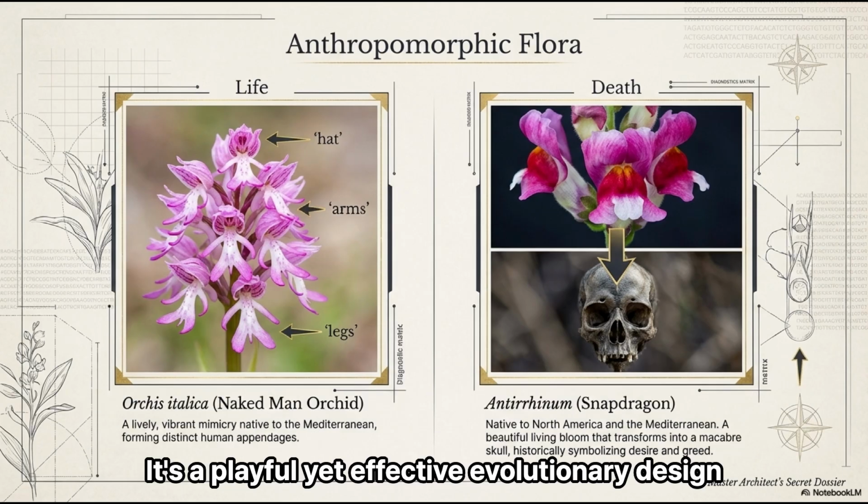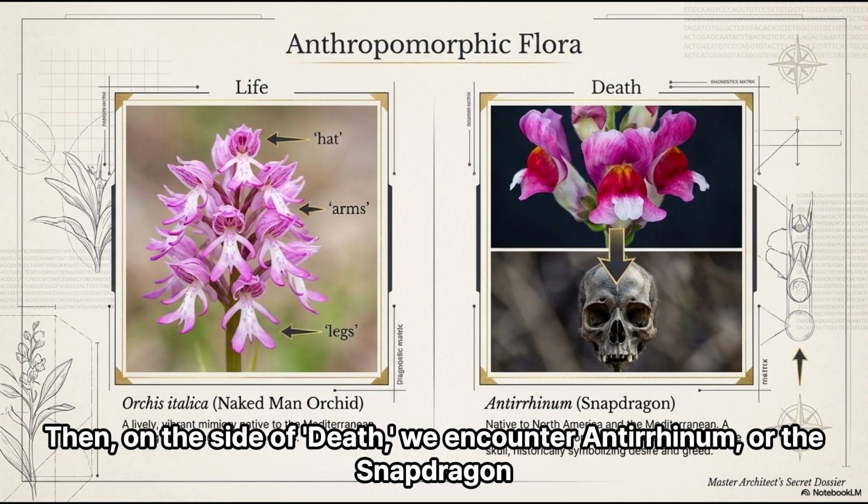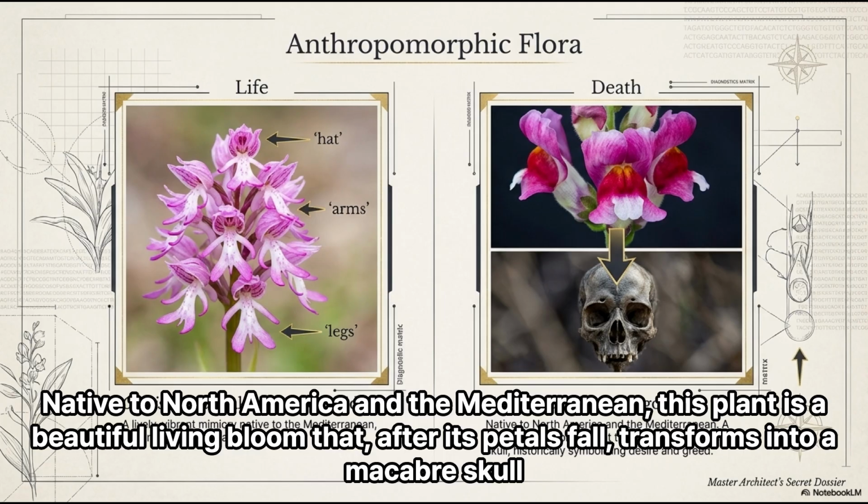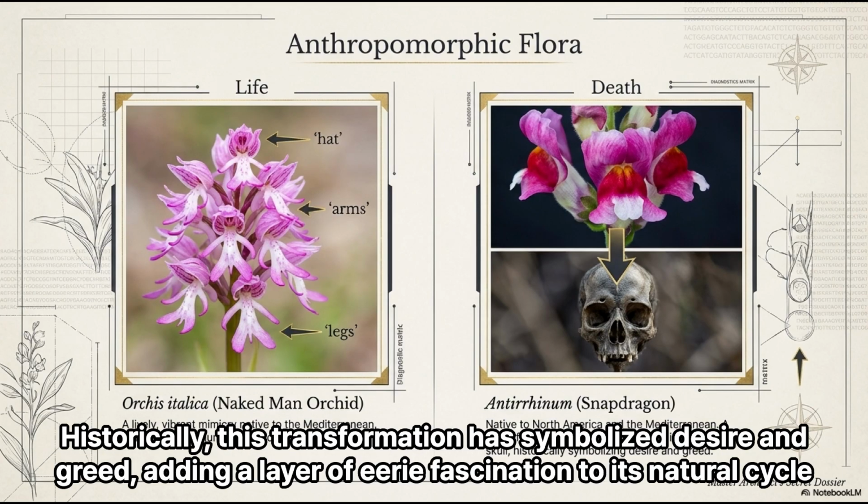It's a playful yet effective evolutionary design. Then, on the side of death, we encounter Antirrhinum, or the snapdragon. Native to North America and the Mediterranean, this plant is a beautiful living bloom that, after its petals fall, transforms into a macabre skull. Historically, this transformation has symbolized desire and greed, adding a layer of eerie fascination to its natural cycle.